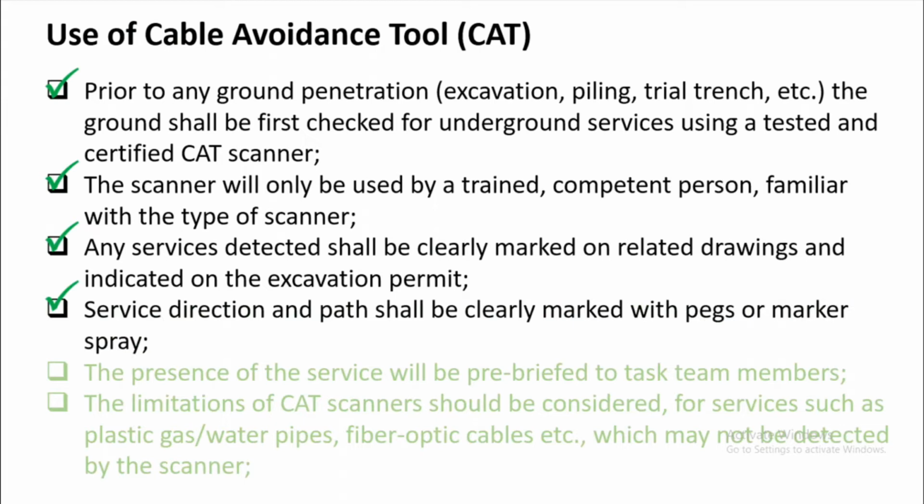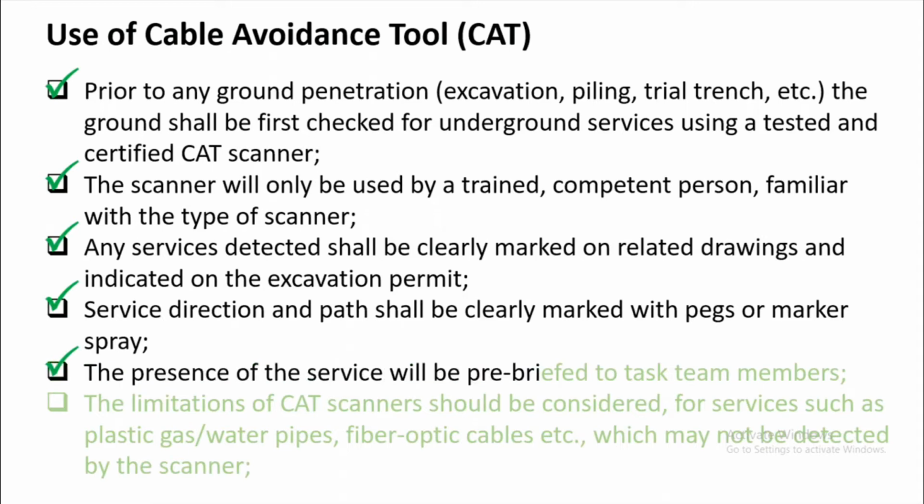Service direction and path shall be clearly marked with pegs or marker spray. They can use marker spray or pegs or sand to make markings on the ground where the services are going. You can put signage at that location, so that the excavation will not hit your underground services.